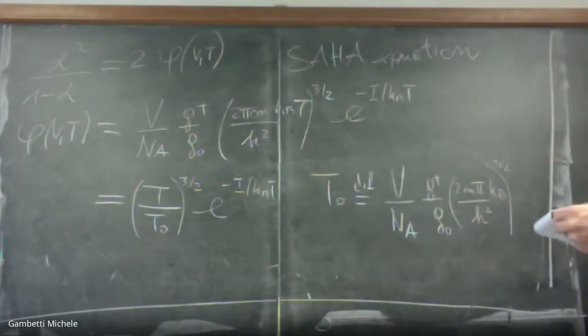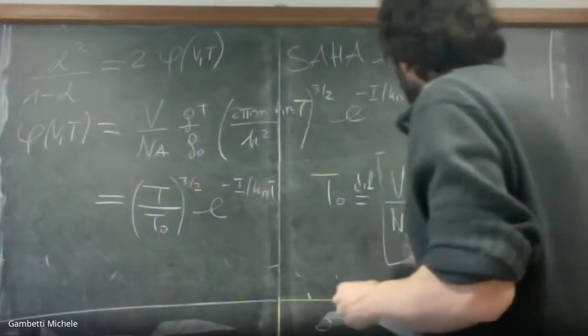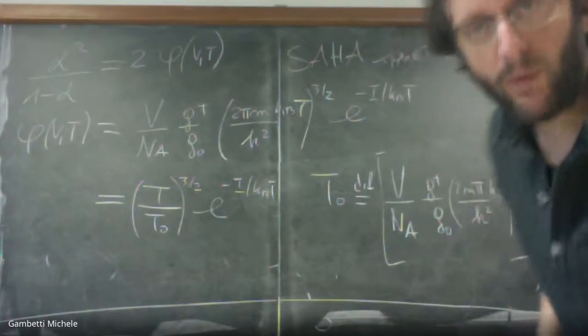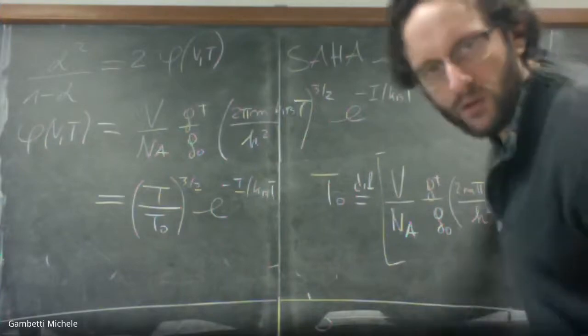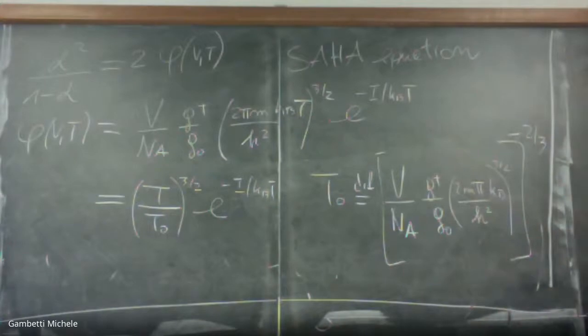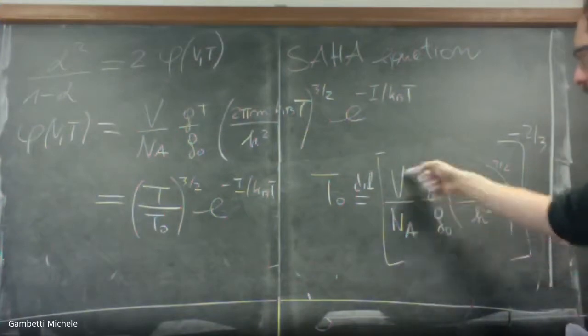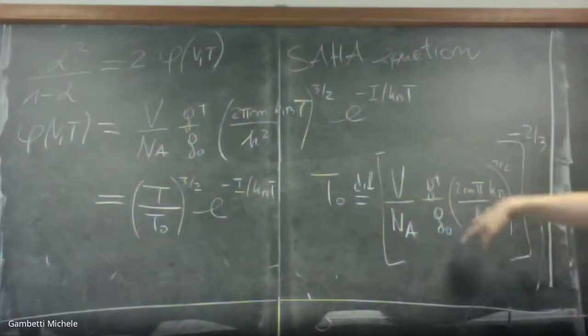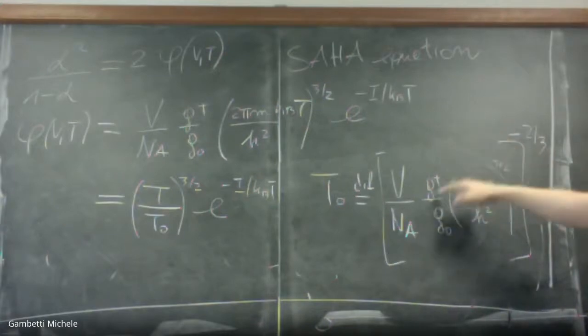Of course it must be to the power of minus 2/3. So this quantity here, if I have done the calculation correctly, must have the dimension of a temperature, and we will try to estimate in a moment which temperature this is, which as you see depends only on some macroscopic quantities which I fix in my experiments, and some microscopic quantities which are basically just the ratio of degeneracy and the mass of the electron.